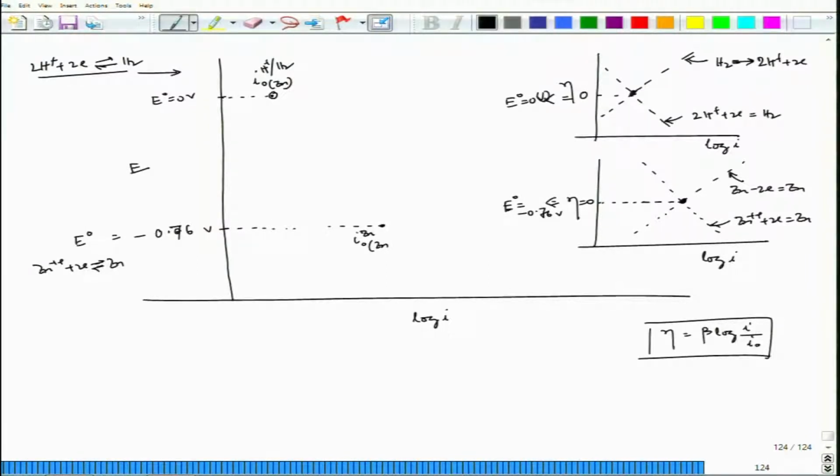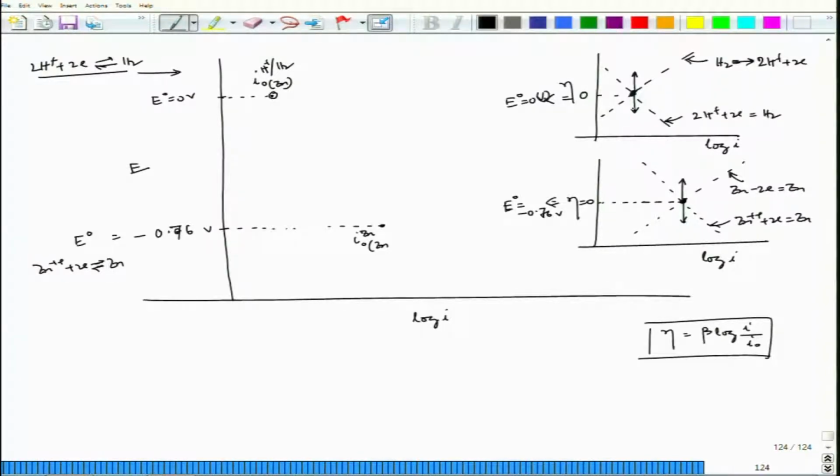How can they achieve? That can only be achieved, for example, if it goes anodic side and if it goes cathodic side, they cannot achieve a single unique potential because their potentials are basically moving away from each other. So, the only way they can achieve a mixed potential is by moving this one on the anodic side and this one on the cathodic, then only they can reach unique potential.